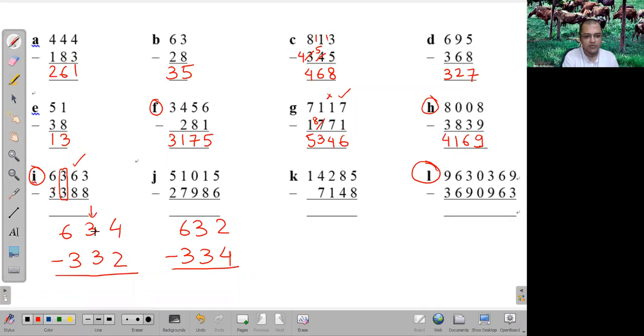Now when both values are equal, we should check the next column. Here 4 minus 2 is possible or no? It's possible. That is why we will do 6 minus 3. We will not do 6 minus 4. So 6 minus 3 is 3, 3 minus 3 is 0, 4 minus 2 is 2.